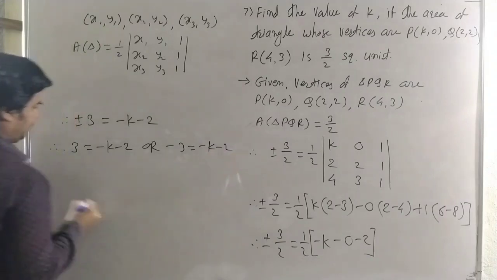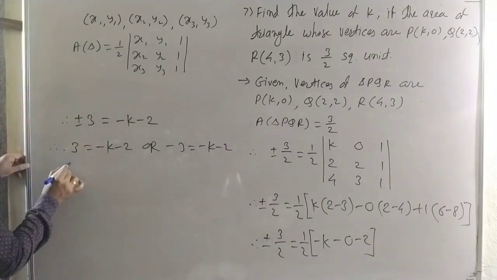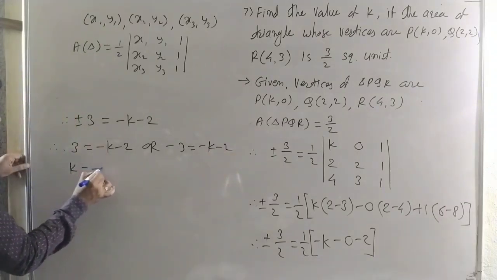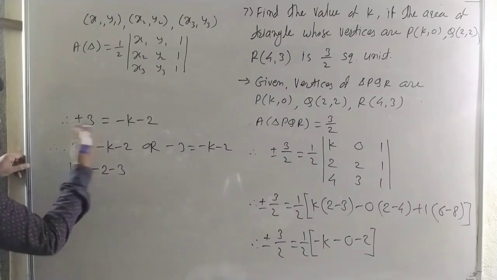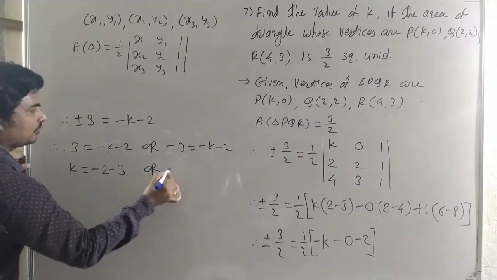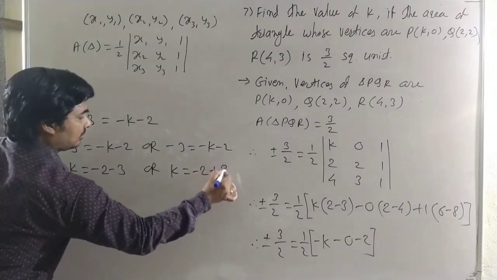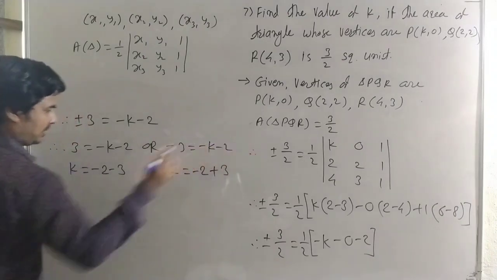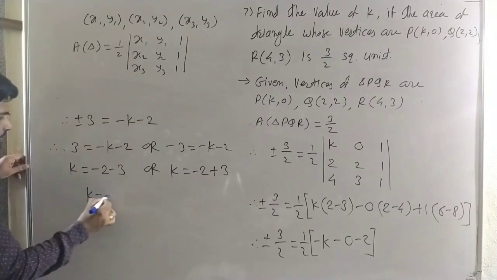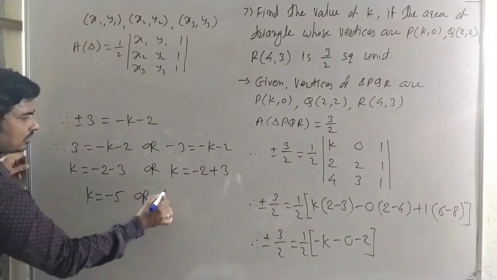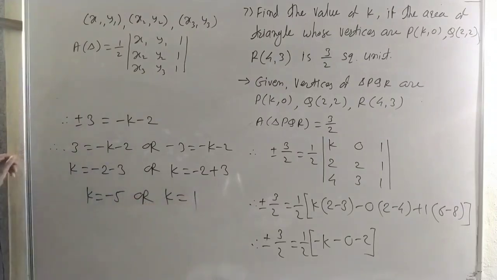Then K becomes this side, therefore K is equal to minus 2 minus 3, or K is equal to minus 2 plus 3, and therefore K is equal to minus 5 or K is equal to 1.